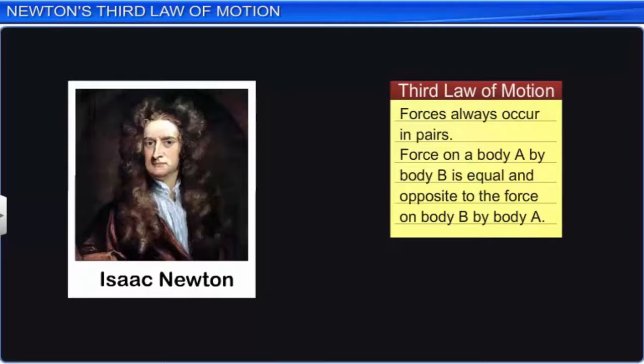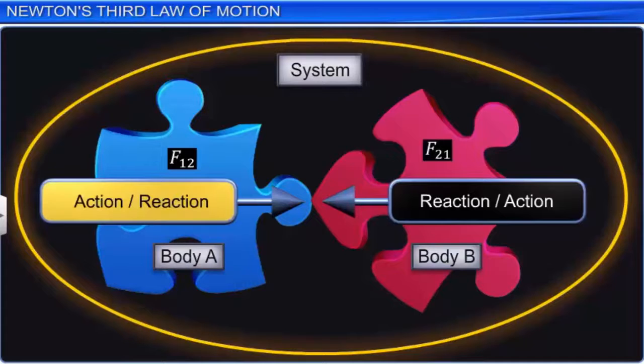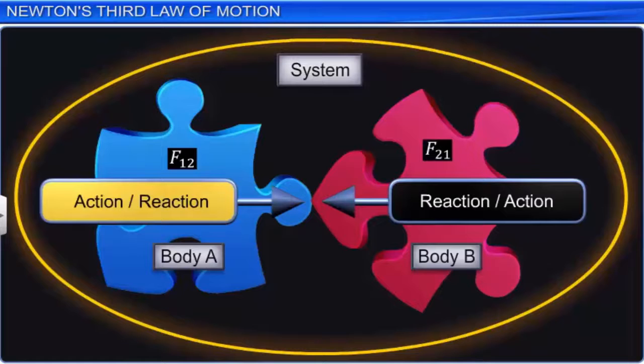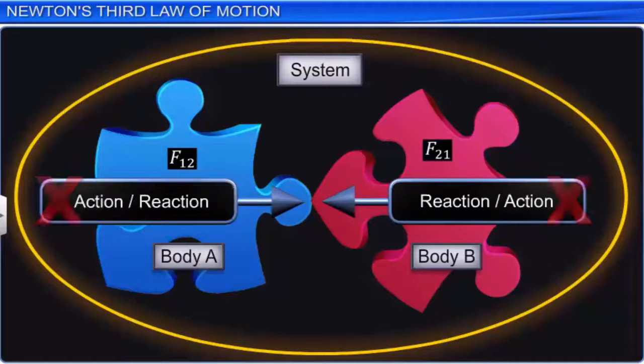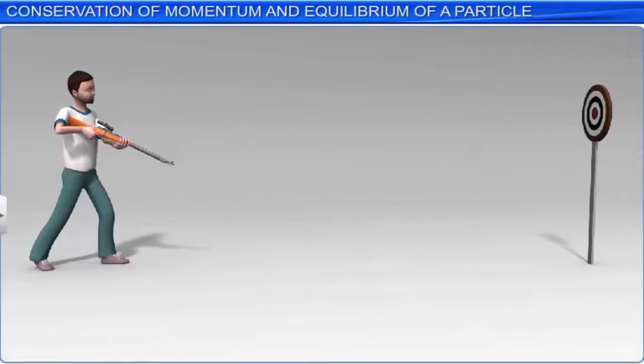Force on a body A by body B is equal and opposite to the force on body B by body A. If two bodies A and B exist within a system, then force of A on B and force of B on A become internal forces of the system, and they cancel each other. Let us observe the recoil of a gun when a bullet is fired.